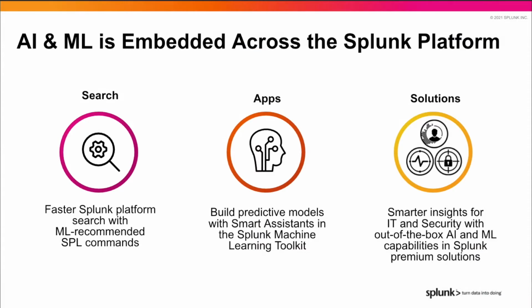So when we look at machine learning at Splunk, we've actually got it across pretty much our entire portfolio. There's kind of three main areas that it breaks down into. The first one, I've called it search here, but really I would look at this as the core Splunk platform, in that we do have a number of search commands, such as predict or X11 or anomaly detection that some of you might be familiar with, that actually utilize machine learning under the hood.